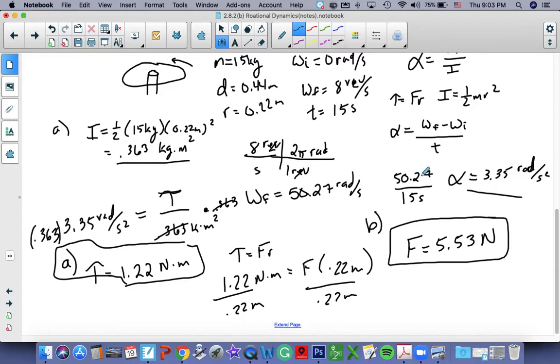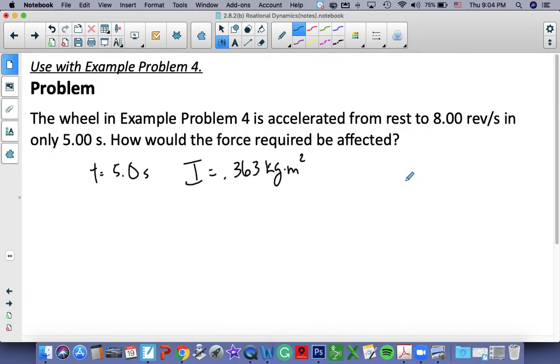So it'll be 50.27 divided by 5 rather than 15. That's going to change our angular acceleration, so that makes it 10.05, and that's in radians per second squared.